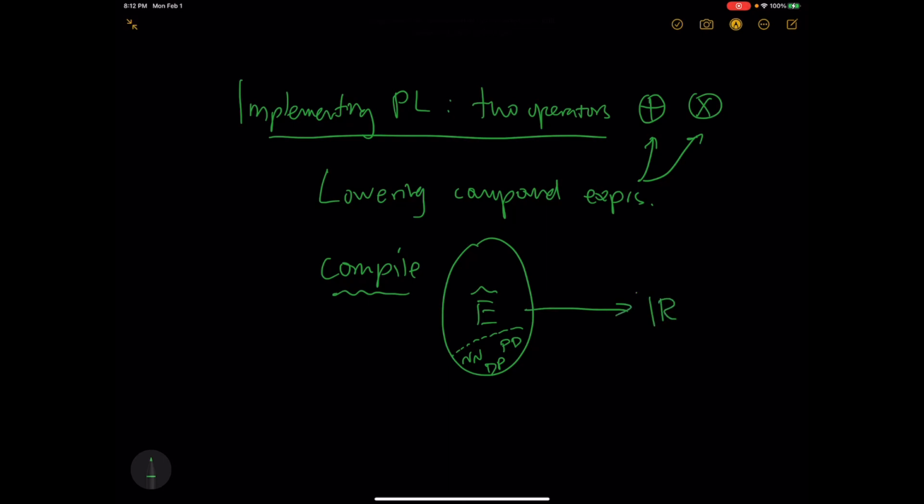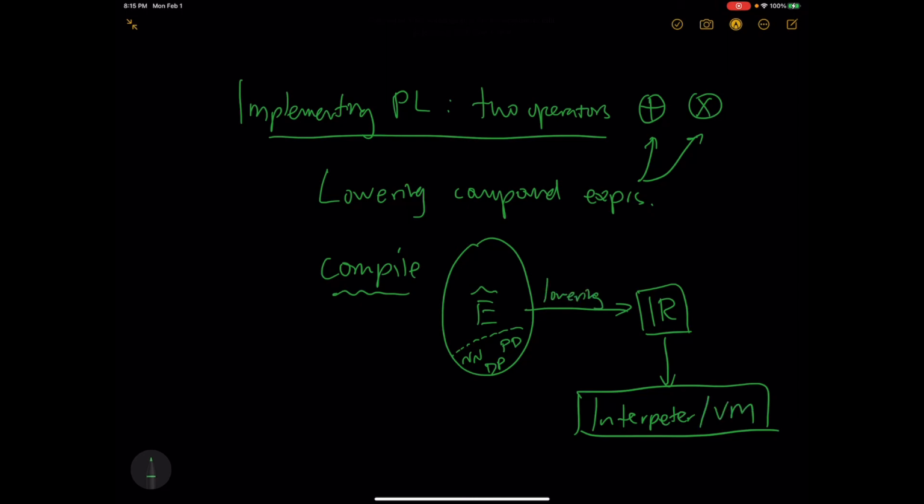intermediate representation, or IR, which can then be evaluated by an interpreter or virtual machine. And by doing this lowering carefully, the interpreter doesn't need to know anything about our high-level functions.